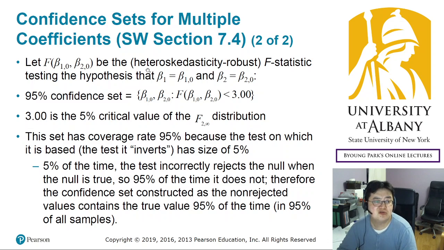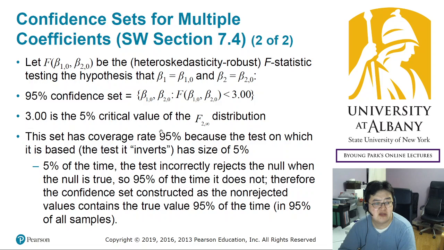Here you may use the homoscedasticity-only F statistic or the heteroscedasticity-robust F statistic. It doesn't matter. Choose whatever hypothesis testing you are going to use, and consider the values that make a small F statistic. The collection of these is exactly the confidence set.